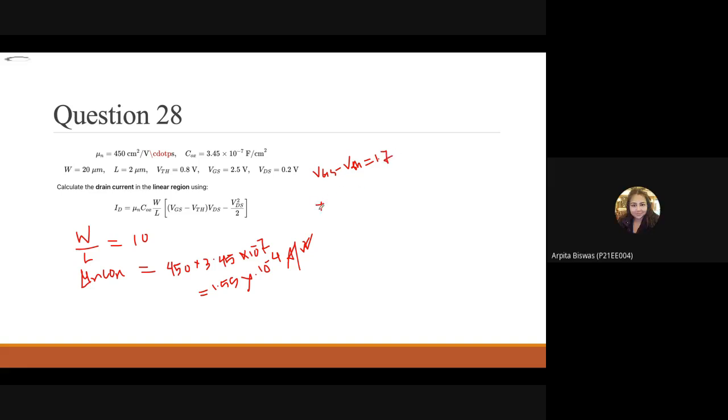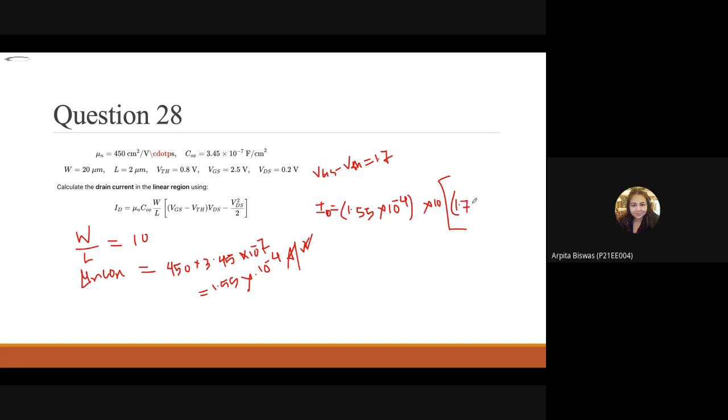ID is equal to mu and COX, which is 1.55 into 10 to the power minus 4, into W by L which is 10, and then VGS minus VTH, which is 1.7, into VDS.